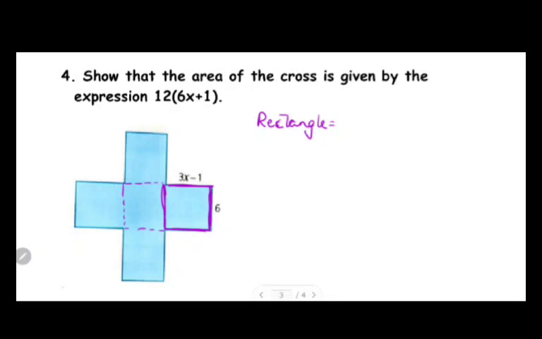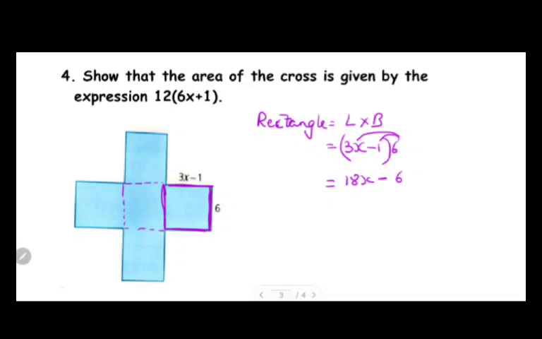Area is equal to length into breadth. Assuming that 3x minus 1 is the length, what is the breadth? 6. So 6 gets multiplied by both the monomials inside the bracket. So 6 into 3x is 18x minus 6.